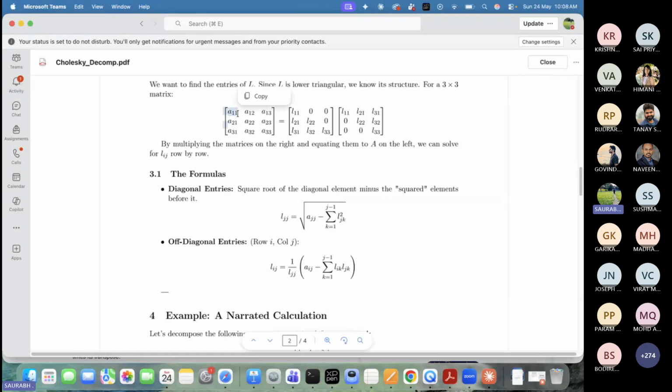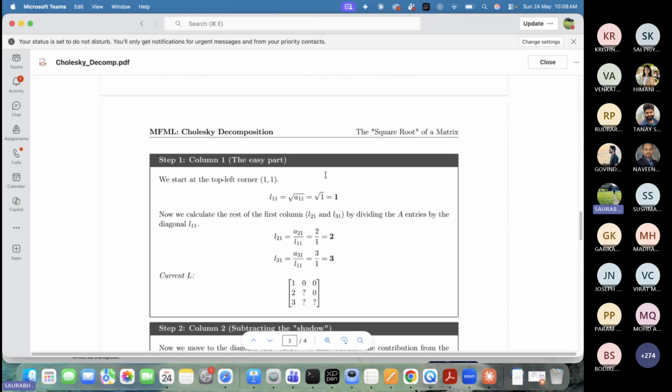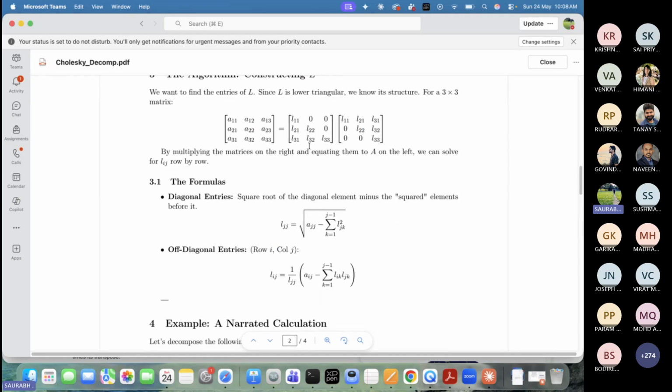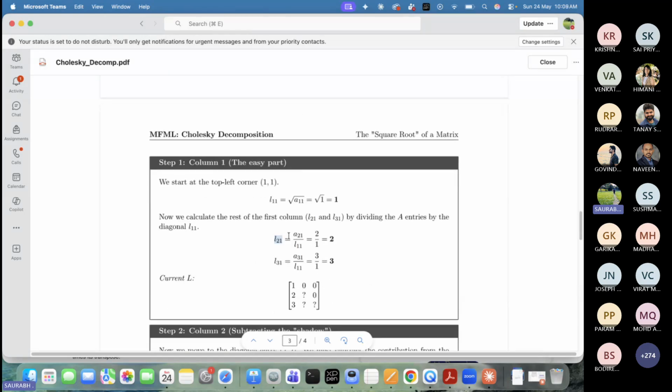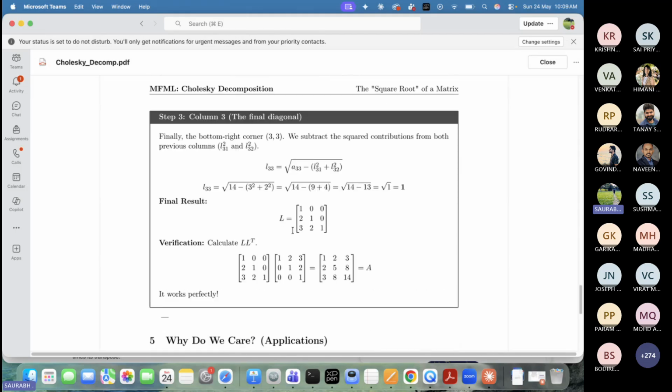L11 is nothing but the square root of A11, then L21 and so on. You just multiply those two matrices, and then you can find every possible value of these lower triangular matrices, L11, L21, L31, and so on. So you can use this simple way of doing it.